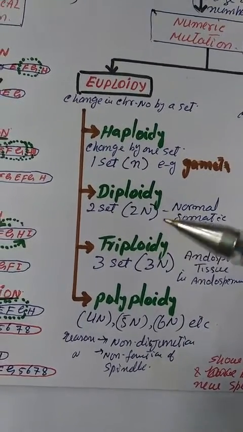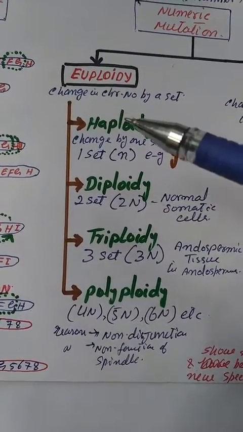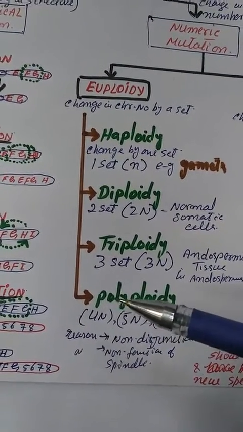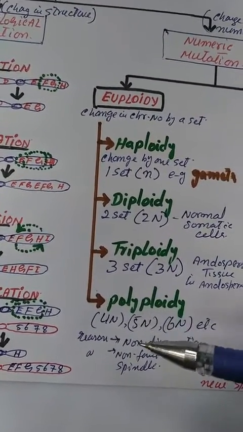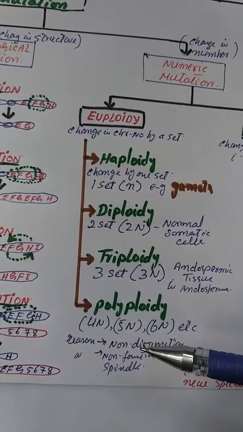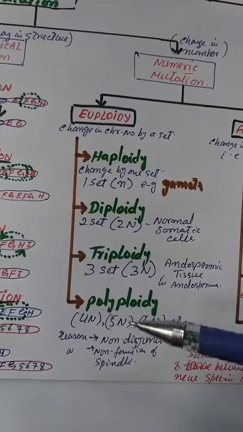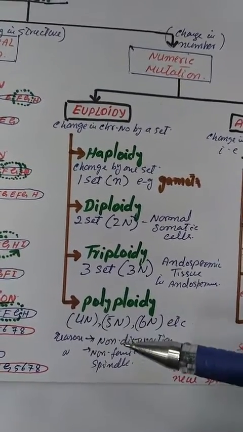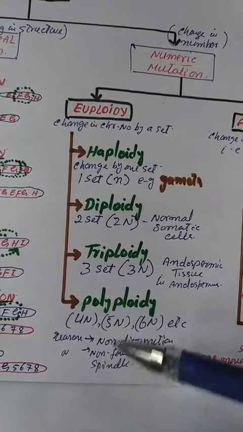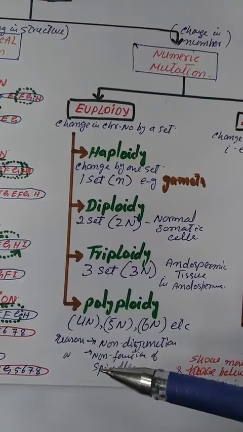Then we have the fourth type of euploidy, known as polyploidy. Now, polyploidy is a phenomenon of having more than two sets of chromosomes or genomes. Polyploidy occurs in nature due to the failure of chromosomes to separate at the time of anaphase, either due to non-disjunction or non-formation of spindle.